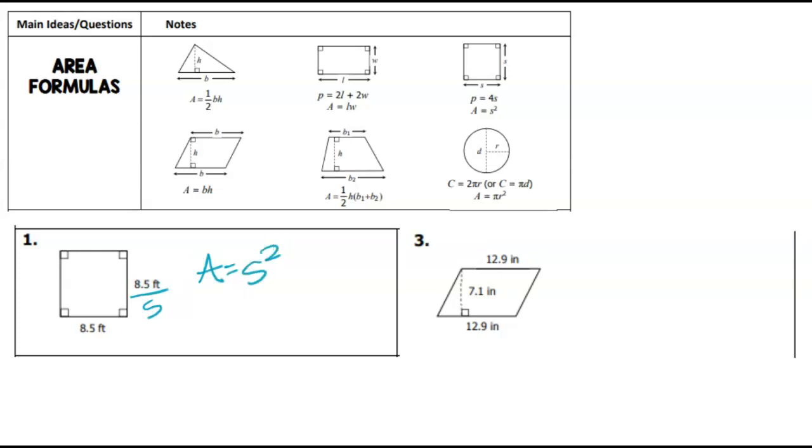So I'm going to take 8.5 times 8.5, or 8.5 squared, and that is equal to 72.25. And we want to put our units here because area is going to be our unit of the length, which was feet, but then it's going to be feet squared.